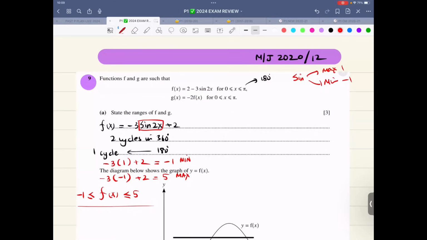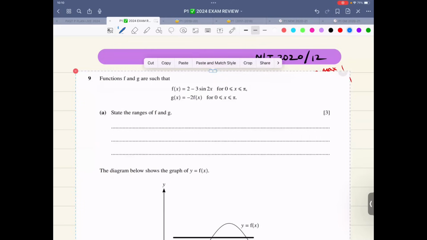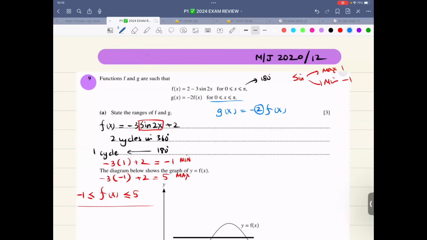Now, when we talk about g(x), what happens? It's in the same range, and g(x) is -2 times f(x). Now, because of this 2, what will happen? That -1 is becoming, actually, let me use -2. -2 into -1 will become +2, and -2 into +5 will become -10.